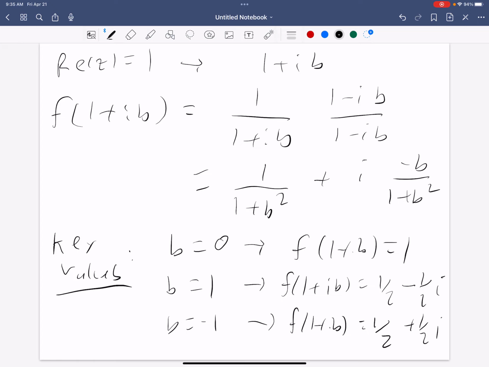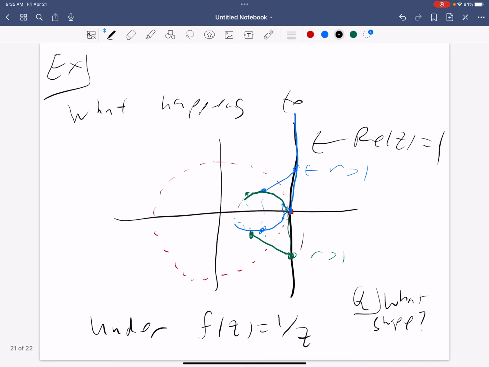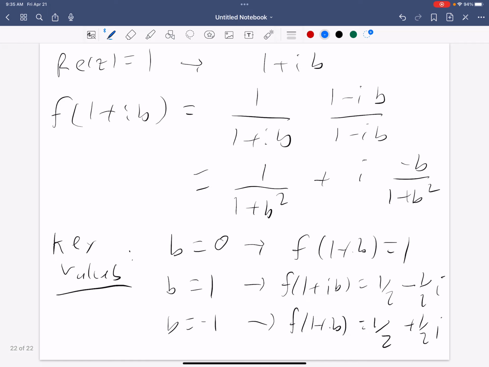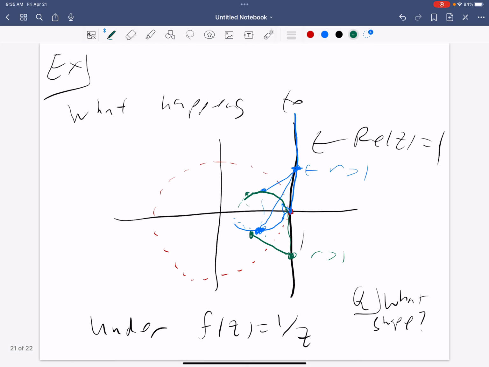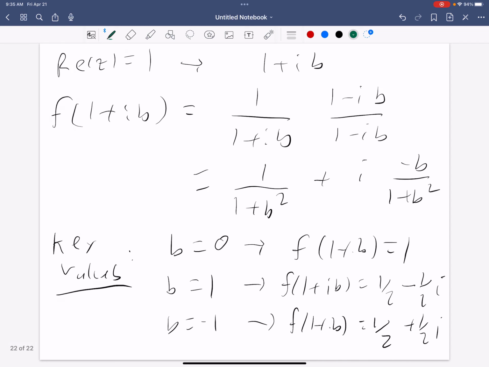So with those key values in mind and the geometry that we've drawn out, we know that once you get up here to an r value of 1, we're going to go down to here, which I've now deduced is 1/2 minus 1/2 i. And for negative 1, right over here, we know it's going to go to that part right there, which I know is 1/2 plus 1/2 i. Seems like maybe that's the bottom of the circle and that's the top of the circle, so the center of my circle should be at 1/2, and that is going to be the trick here now.